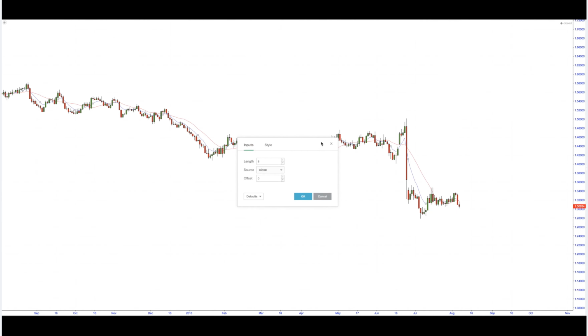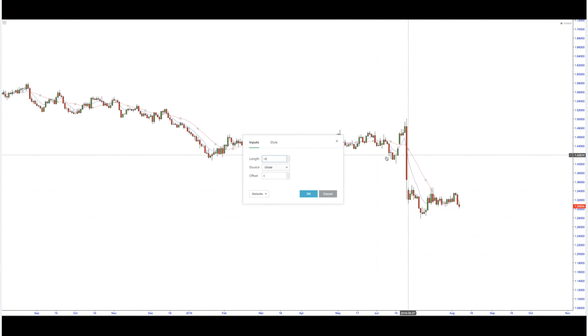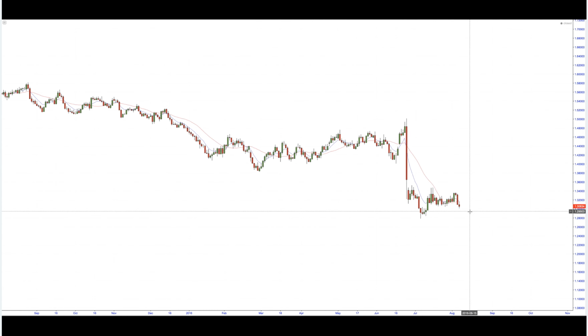All right, so with all of that in mind, I thought this one was a bit out of whack. We just change that. 21, it's getting ready to cross over there. So that gives us an early indication that the daily is now going to be aligning with the weekly and the monthly, and the momentum to the downside may in fact continue.